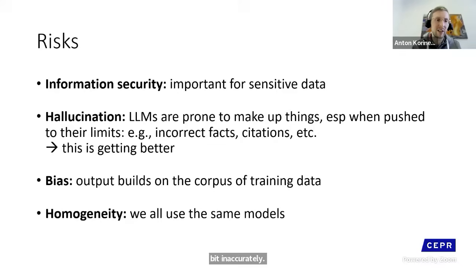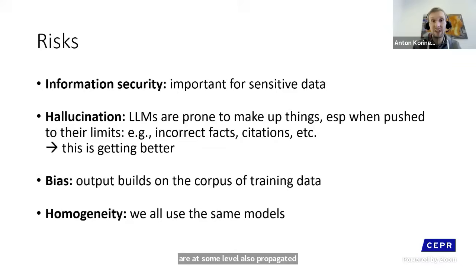Another significant risk that we need to be aware of is bias. These models have been trained based on all the available data around the globe, but heavily influenced by what is on the internet. And that means that all the biases that are on the internet are at some level also propagated in these models.